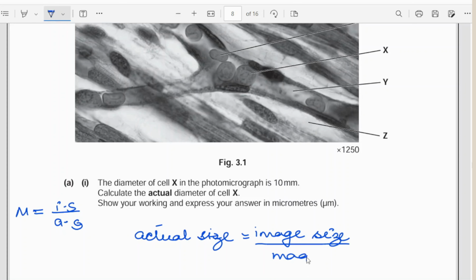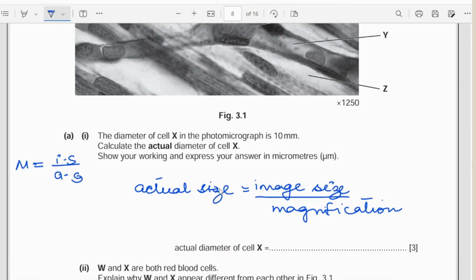Don't just jump to the formula, write it and then modify it. Okay, so it would be 10 millimeter. We have to give the answer in micrometer. How to convert millimeter into micrometer? Multiply by 1000.